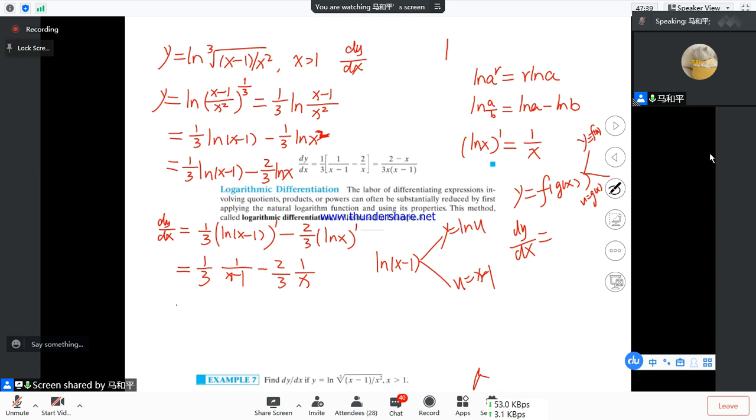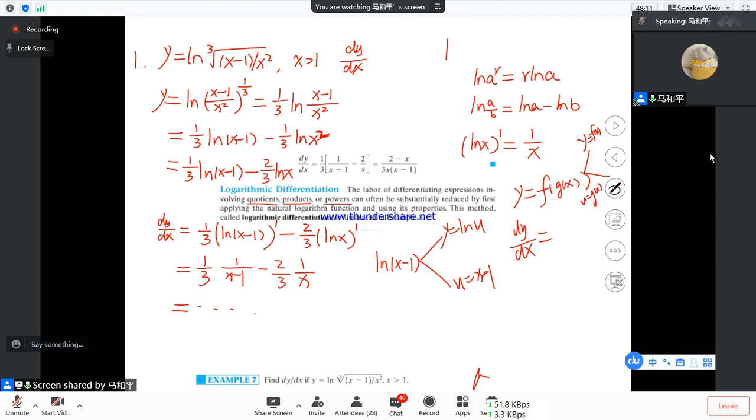And then we can simplify it. So that's the final answer for this one. The same with this one. This means we have used the rule of differentiating expressions involving quotients, products or powers.